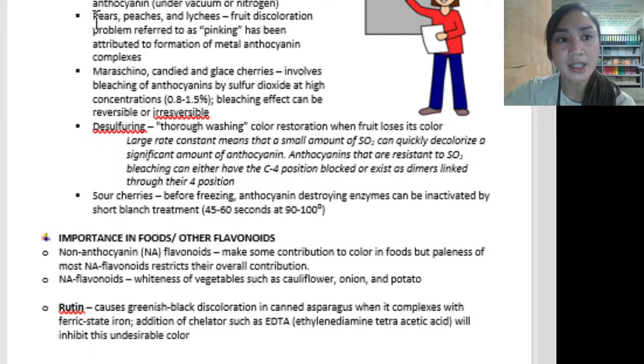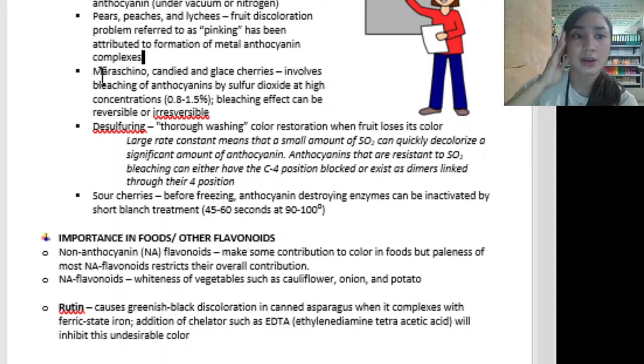Yung pears natin, peaches and lychees, nagkakaroon ng fruit discoloration problem referred to as pinking when there is a formation of metal anthocyanin complexes, no? So, meron tayong pinking na nangyayaring discoloration. We also have this, I don't know how to read this, pero maraschino.